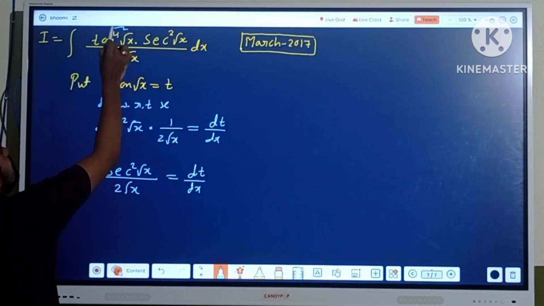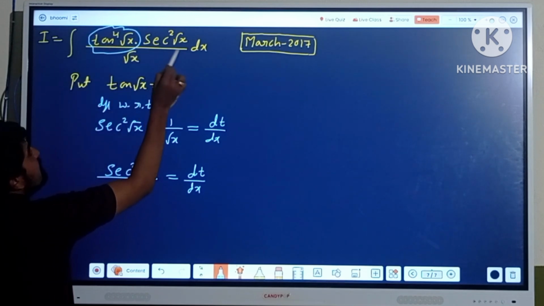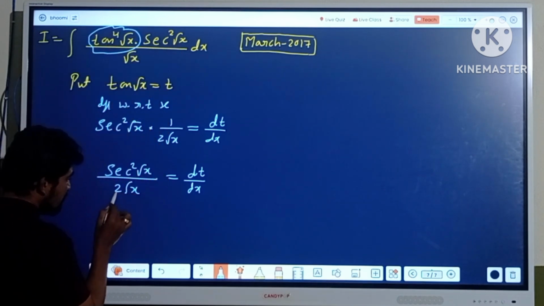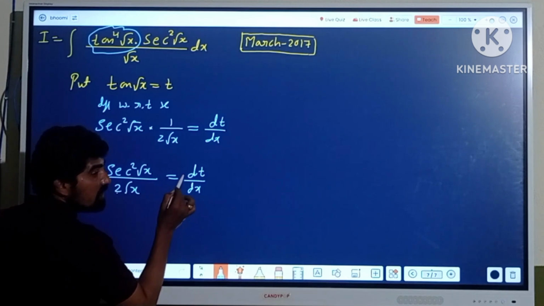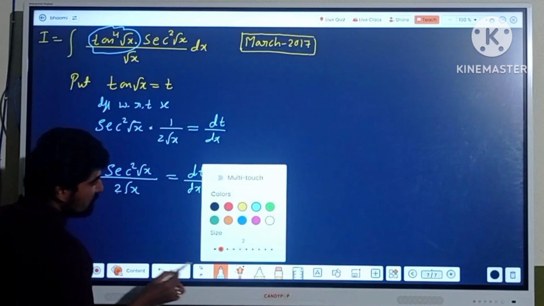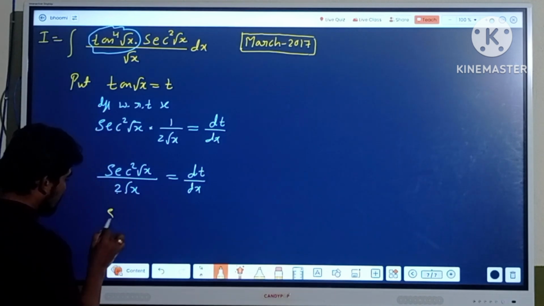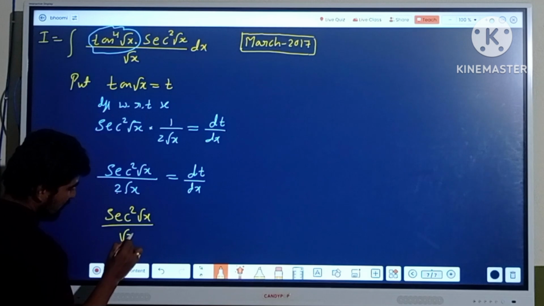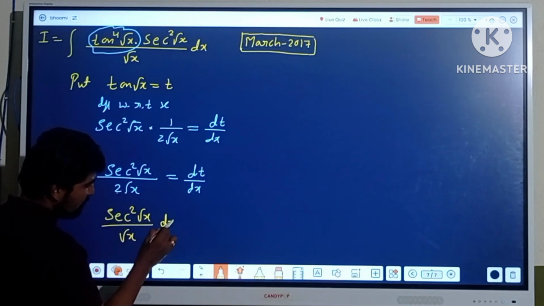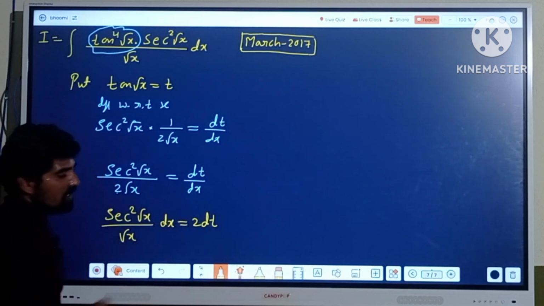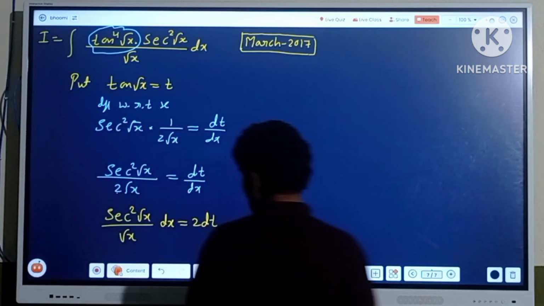Shift this 2 towards the right side and dx towards the left side. So we have secant square root x divided by root x dx on the left side, equal to 2 dt on the right side. I hope all of you are understanding.